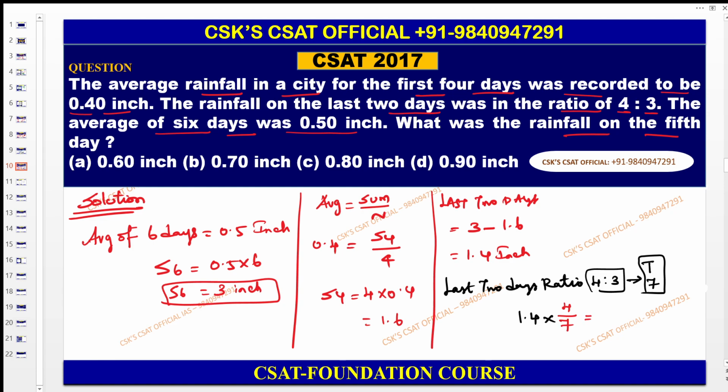You can easily calculate that. 1.4 you can convert as 14 by 10 into 4 by 7. You can cancel the 7 with the 14 to get 2, and 4 into 2 is 8. 8 by 10 is nothing but 0.8. If it is an option, you can go with 0.8. So therefore 0.8 inch.